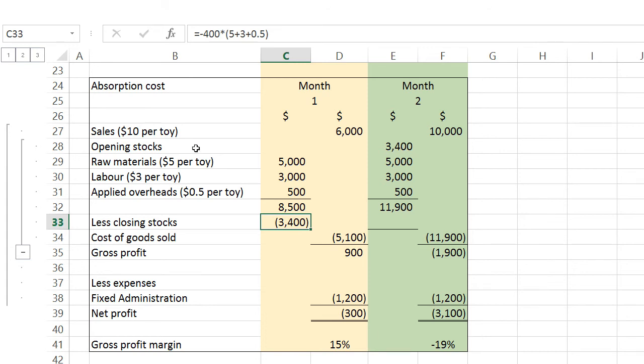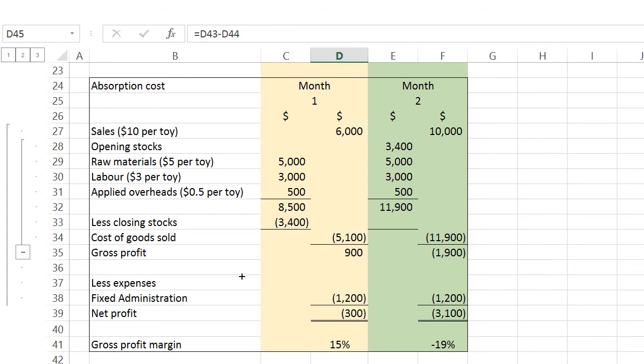That works out to be 5 plus 3 plus 50 cents. Cost of goods sold will be 5,001, resulting in a gross profit of 900. 900 minus 1,002 gives you 300 of net loss.